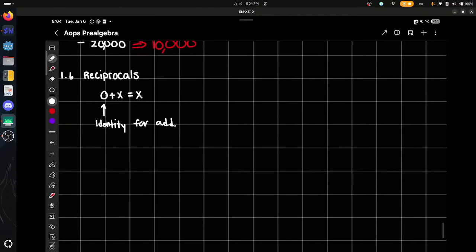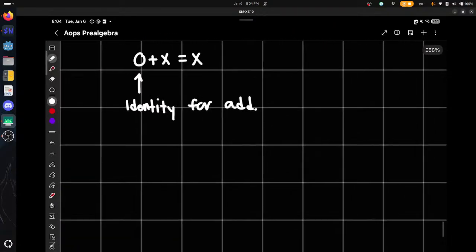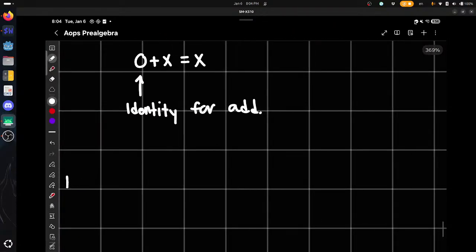So problem 29A. What is the product of 0 and any number? That's easy, 0, because we know that any number times 0 will just give us 0.